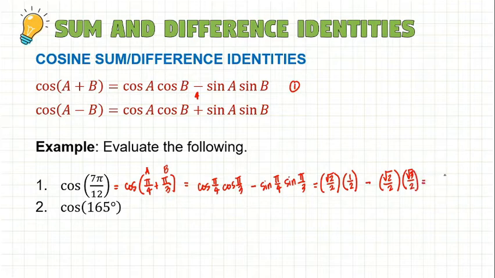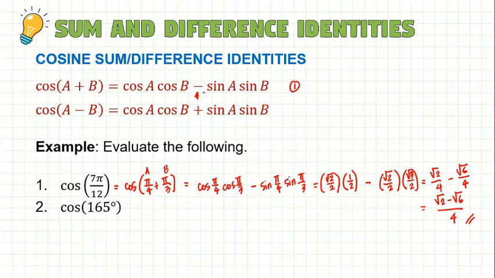So square root of 2 over 2 times 1 half is just square root of 2 over 4. Minus square root of 2 over 2, multiplied by square root of 3 over 2, that is square root of 6 over 4. Or this is just simply square root of 2 minus square root of 6 all over 4. Okay, so that is our final answer for number 1.